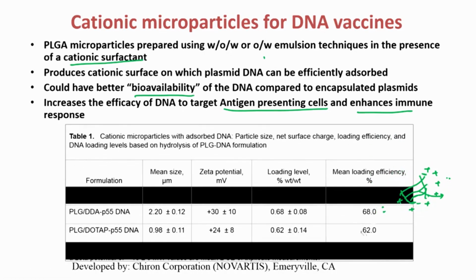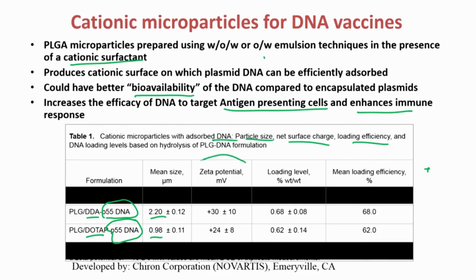And here is just some example again from the literature. You are looking at cationic microparticles with adsorbed DNA, and various things such as particle size, the net surface charge, how much DNA you can load onto that, and quantification of that. In this case they have used two different cationic surfactants, GDA and DOTAP. These are lipids, and they have mixed it with the p55 DNA. What they see is they get different sizes. One is about 2.2 micron, another is 0.98 micron.